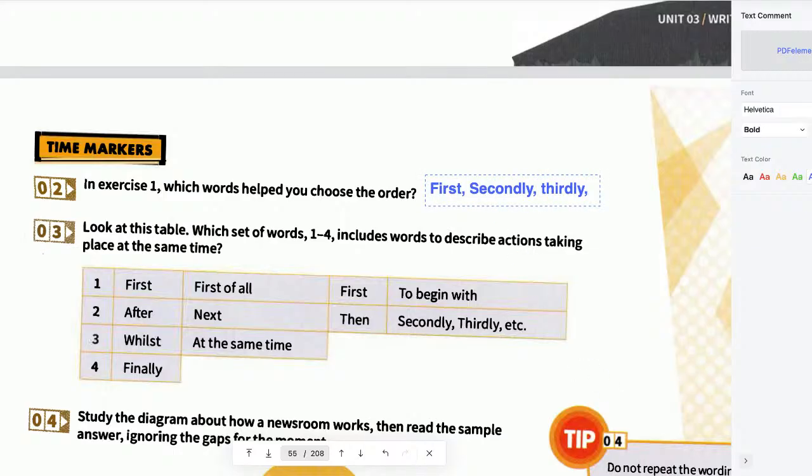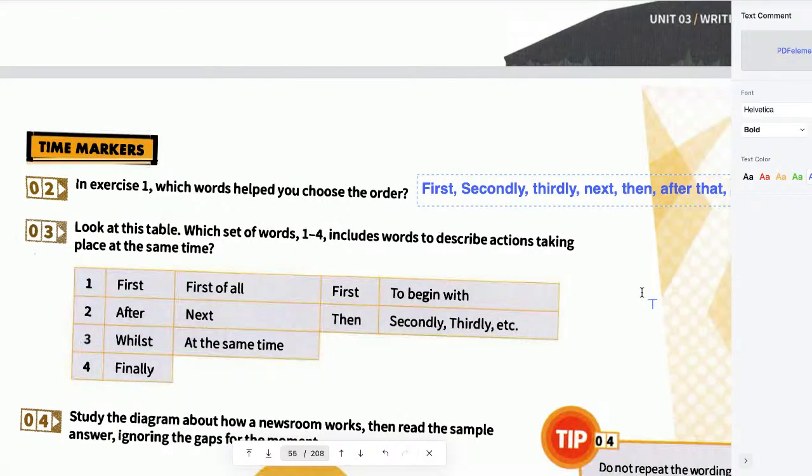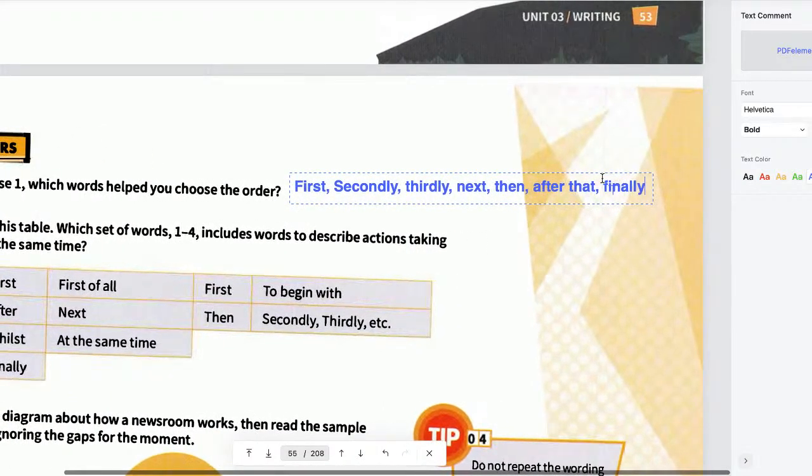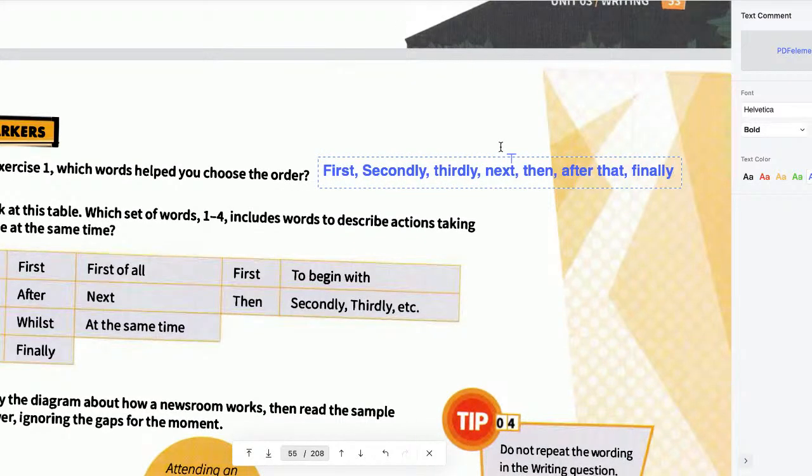What else? And finally, we should leave it to the end, right? So first, secondly, thirdly, what's next? Next, then, after that, and finally. Okay, write all of them: first, secondly, thirdly, next, then, after that, finally. Write all of them.